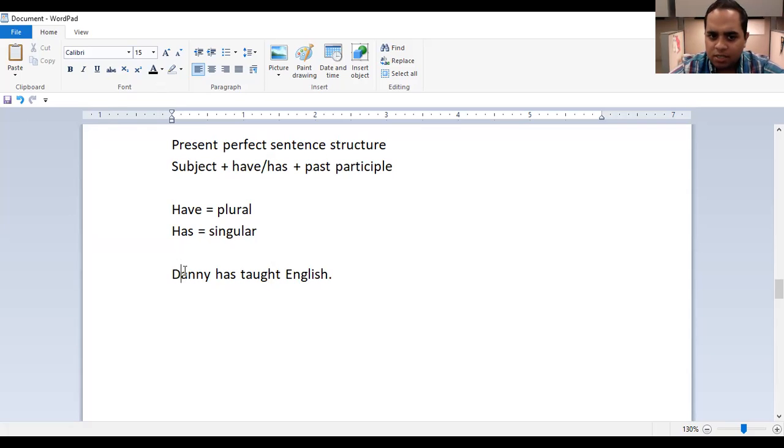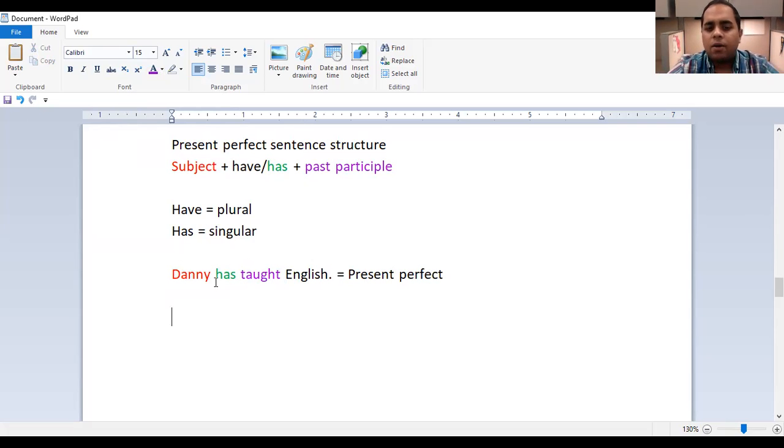What's the subject? Danny. So Danny is one person. Danny is singular. We use "has." What's the past participle? Taught. Okay. So this sentence is present perfect.